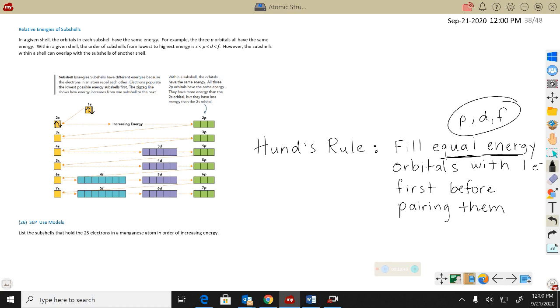If I don't have to pair them together, why would I? They're just going to fight with each other. Same thing with electrons. Electrons are all negative, and like charges repel, so I don't want to put 2 electrons in the same orbital if I don't have to. It minimizes repulsion.